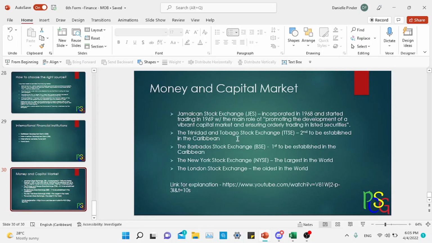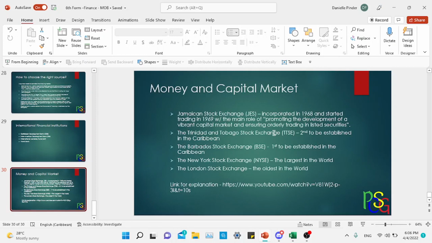And so these are just a number of exchanges across the world. There is the Jamaican Stock Exchange in your home country, which was incorporated in 1968 but started trading the following year, with its main role being promoting the development of a vibrant capital market.